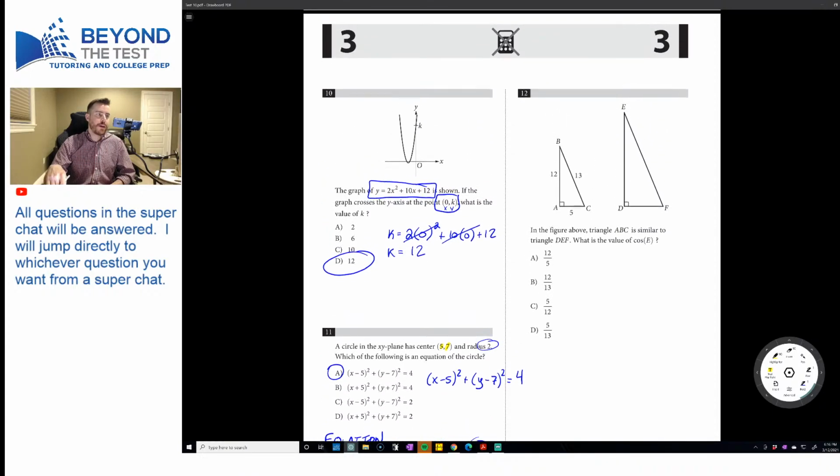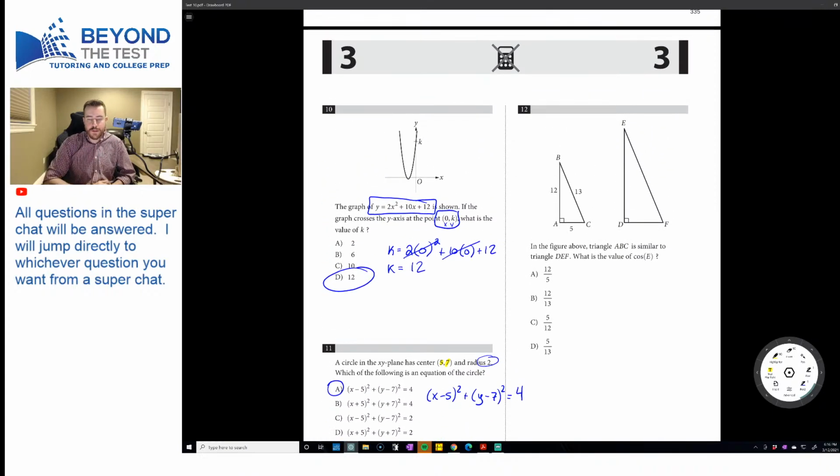Moving on to question number 12. It says, in the figure above, triangle ABC is similar to triangle DEF. What is the value of the cosine of E? First things first, note that when you have similar triangles, the corresponding angles are going to be congruent to each other.